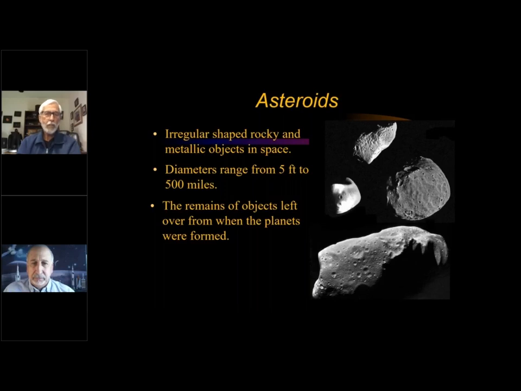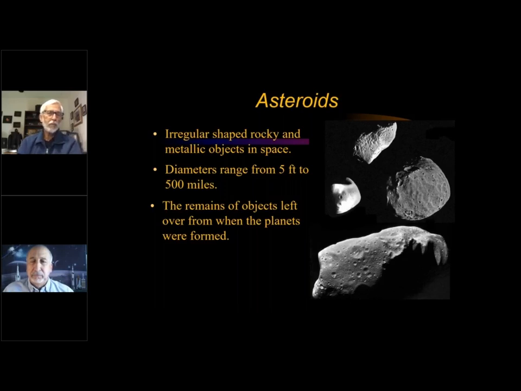I want to go a little bit into what they are made of. There are three basic types of asteroids. They're called C-type, S-type, and M-type. The C-type stands for chondrite. They are basically made of clay or silicates, rocks, and they are about 75% of the known asteroids.